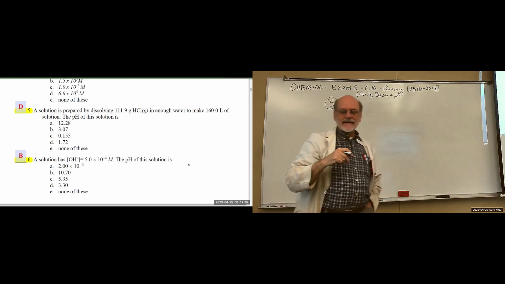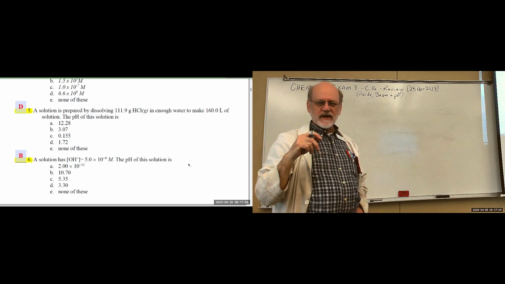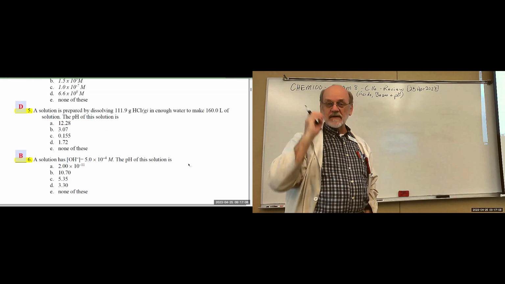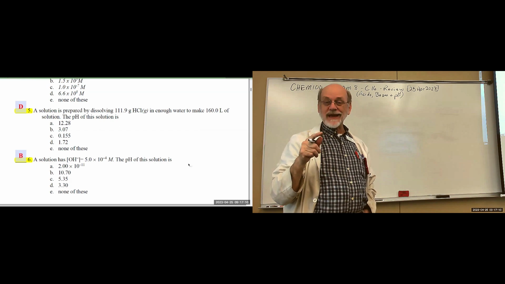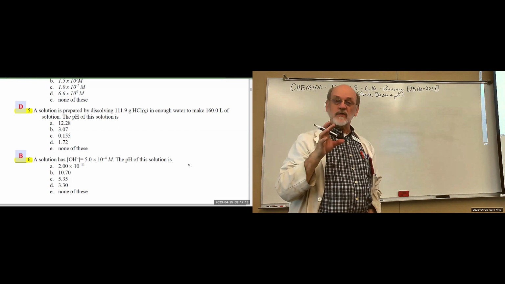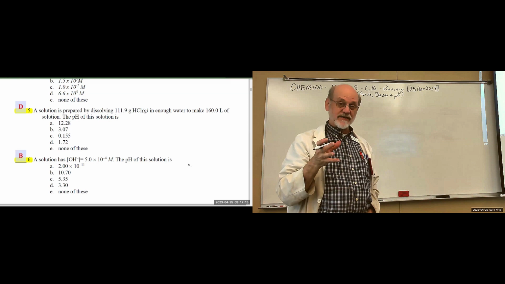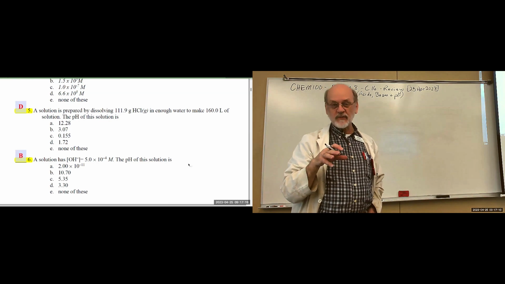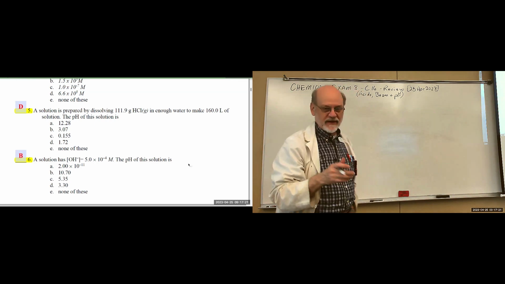Okay. A solution is prepared by dissolving 111.9 grams of hydrogen chloride gas. Remember, that's the way we would name HCl if it's a gas. If it's in aqueous solution, then we call it an acid. But at this point, we're making acid from the gas.